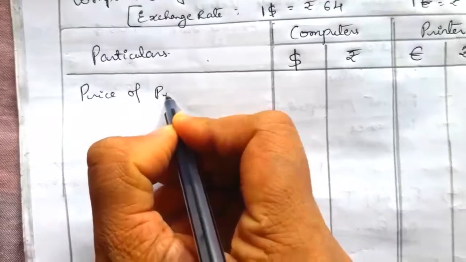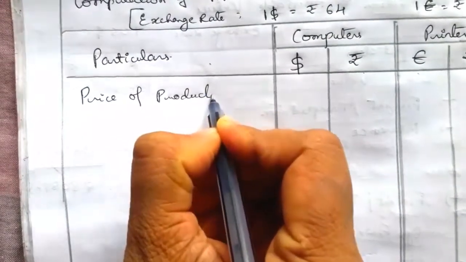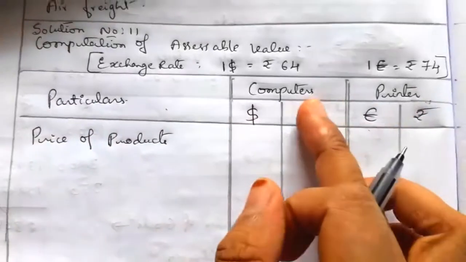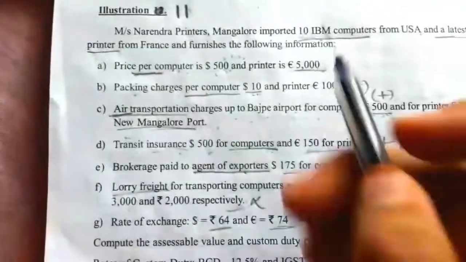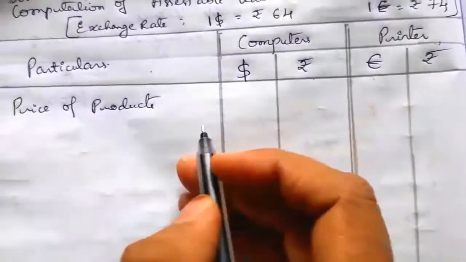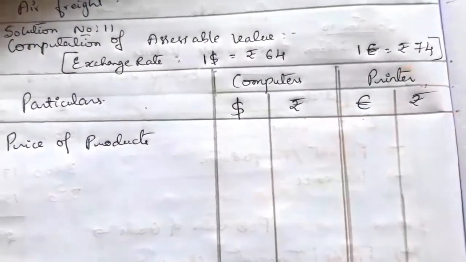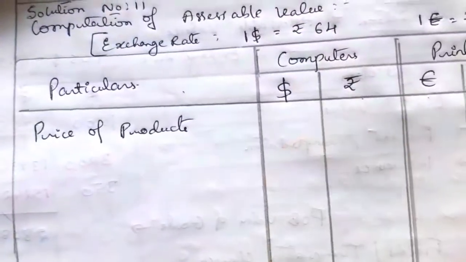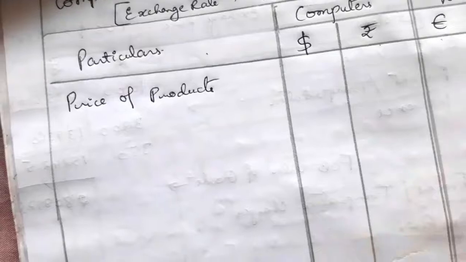Price of product. So price of products imported, that is for computer. What is the computer price? That is a dollar 500 into 10 is given. Here actually they have imported total 10 computers. So they have given price per computer. So we have to multiply.